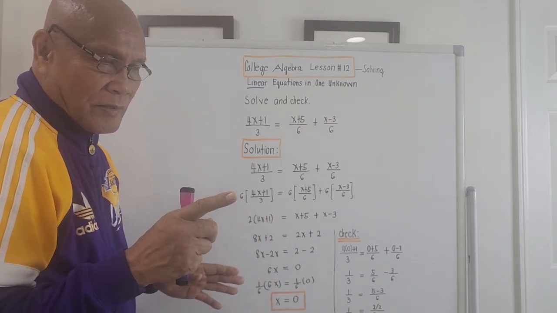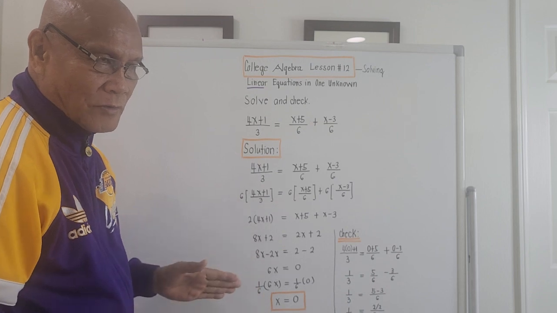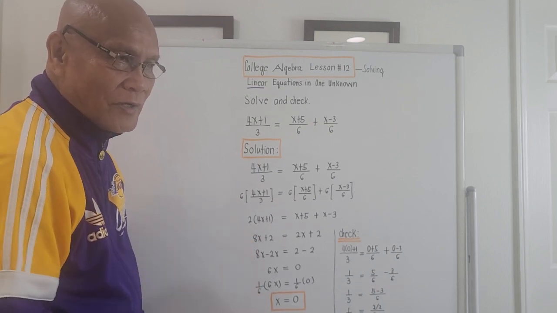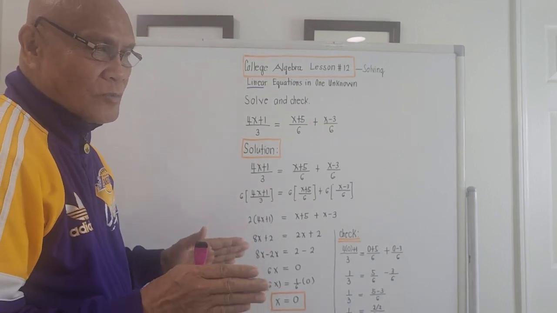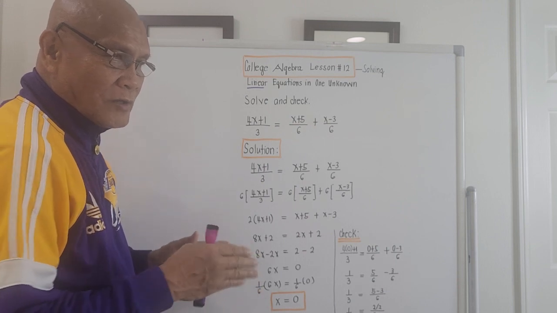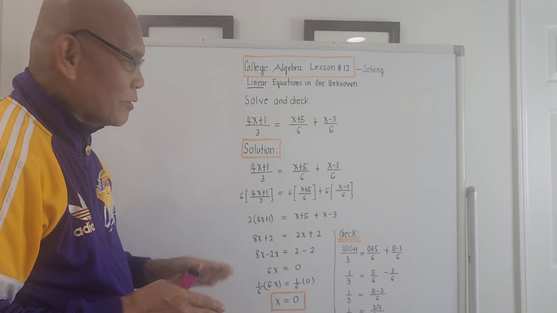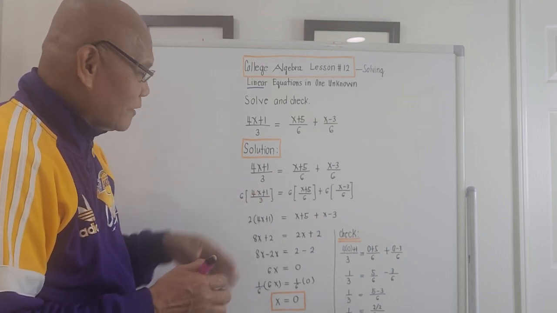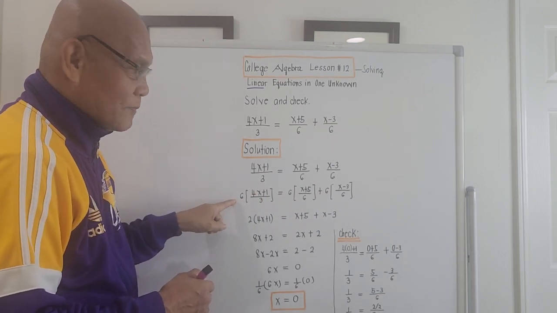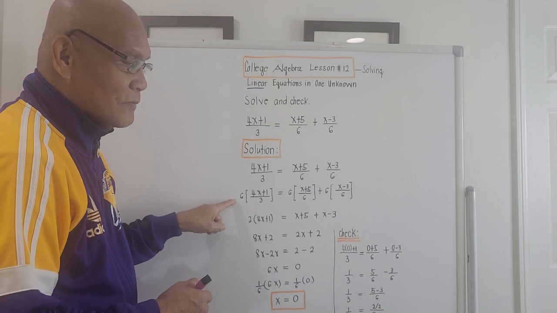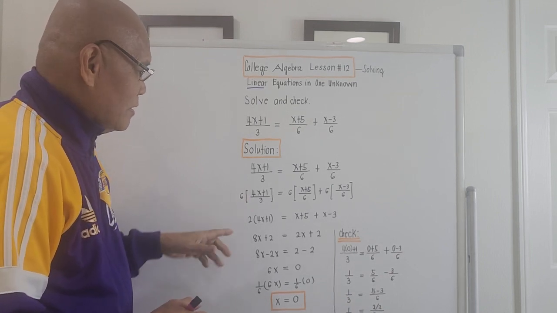So number one rule, if there is a fraction, try to eliminate the denominators. So try to multiply all the terms, both the left and right, by the least common denominator, and the LCD for both the left and right is actually 6. The least common denominator.